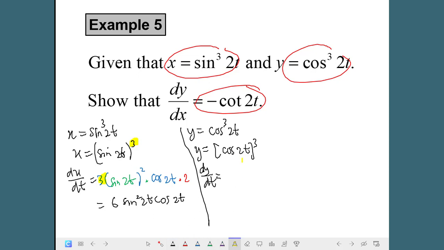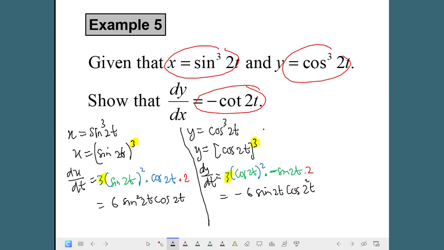Here is cube, using the power rule, this one is 3 squared, and then cos 2t. Differentiate cos, that's negative sine 2t, and differentiate 2t, get 2. Answer is negative 6 sine 2t cos 2t squared.